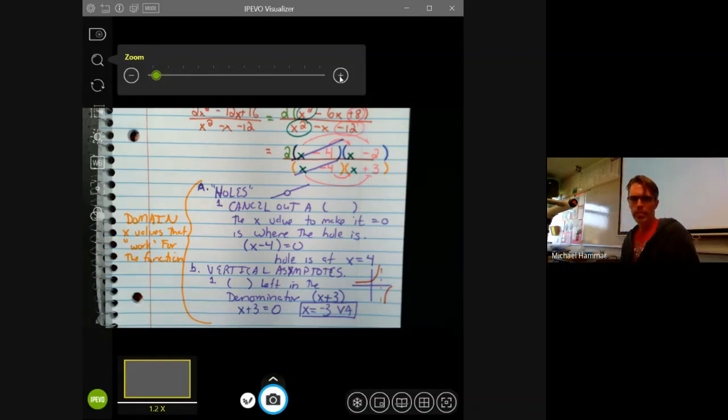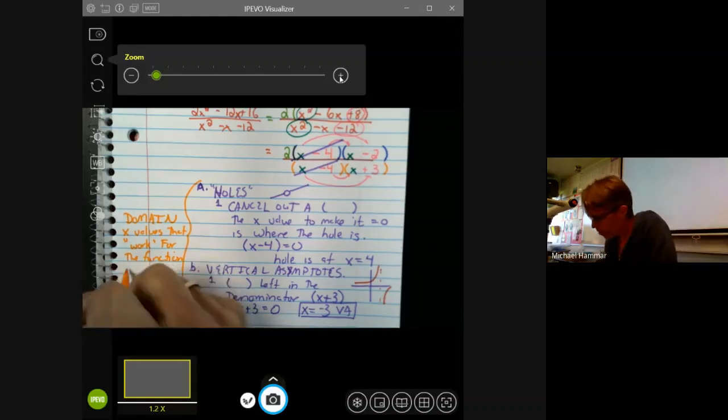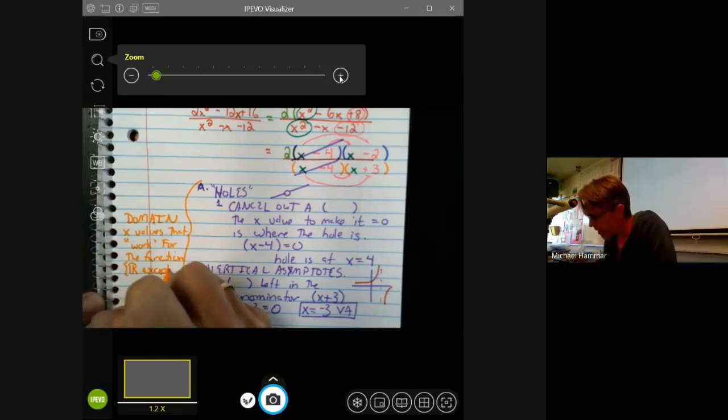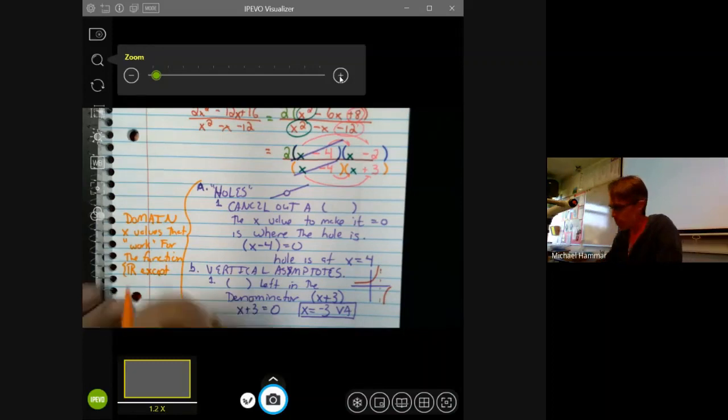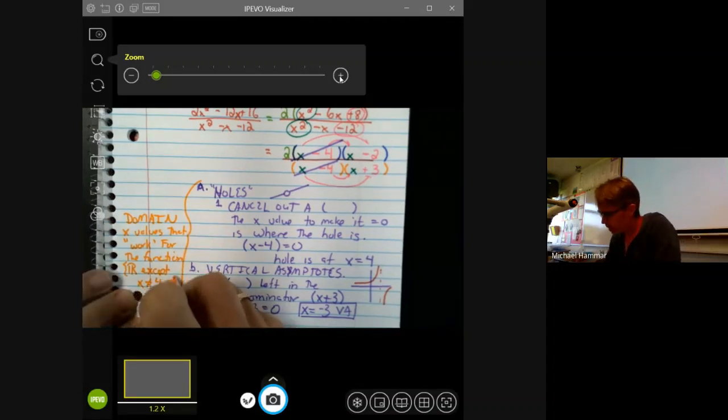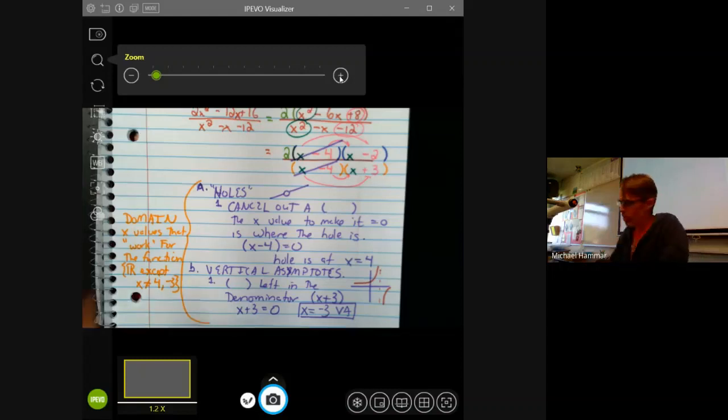So in this case, the domain will be all real numbers except two values. x cannot equal 4 and x cannot equal negative 3. Remember, the domain is defined based off of whether you have holes or vertical asymptotes.